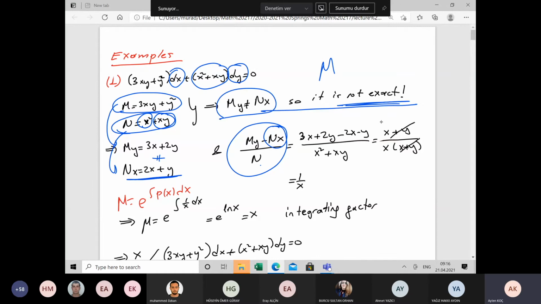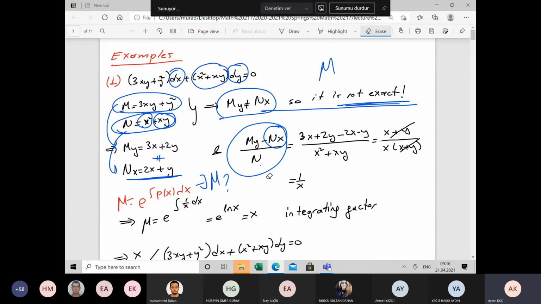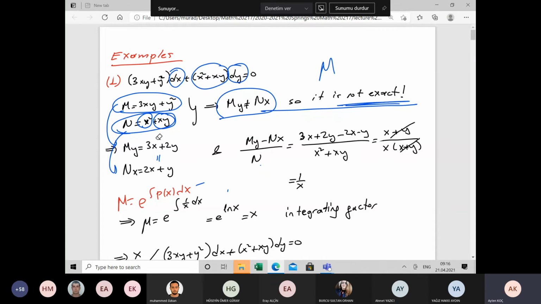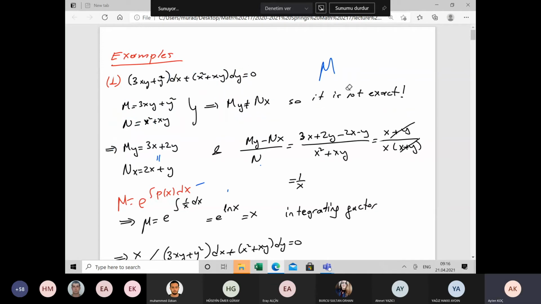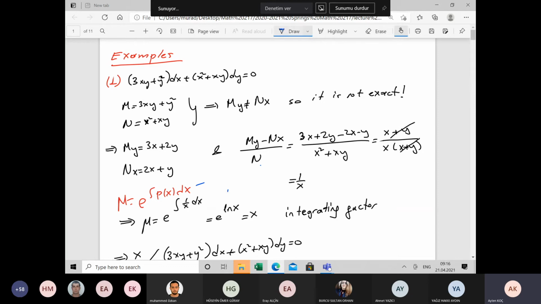So our next step: it is possible that there exists a mu such that, multiplying by mu, we obtain an exact equation. Now compute this quotient. Be careful: this quotient, M sub y minus N sub x over N, should be a function of x only.